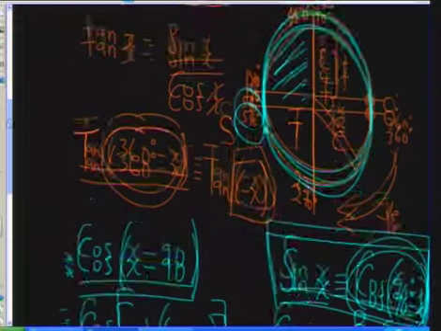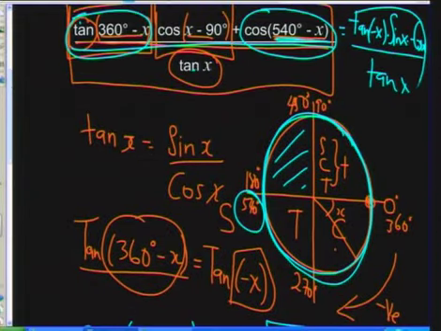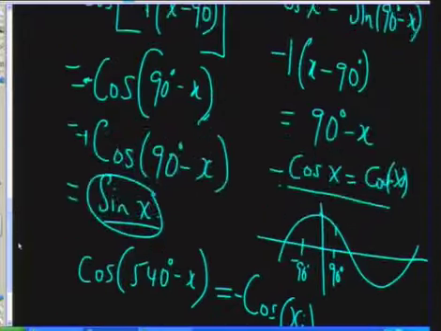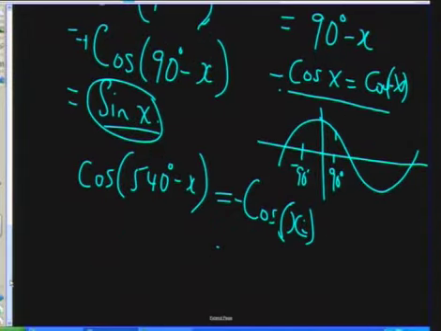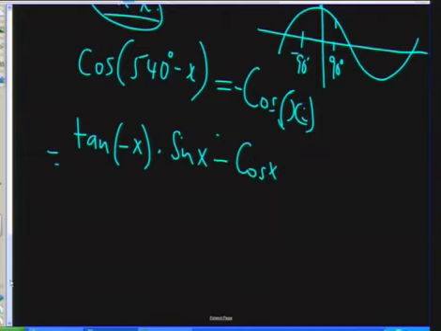Now, let's take this simplified version and simplify it even further because we still have more relationships that we can use. So, it's tan of negative x, multiplied by sine x minus cos x over tan x.